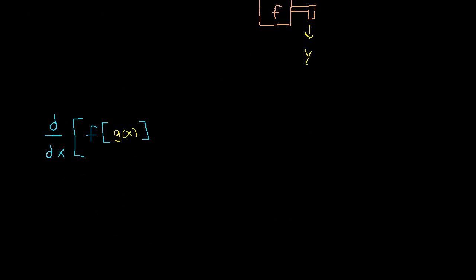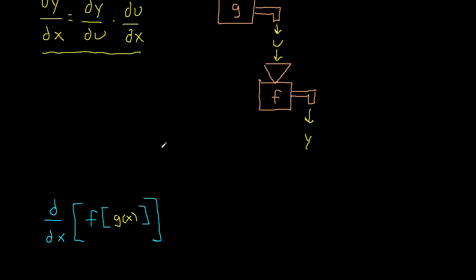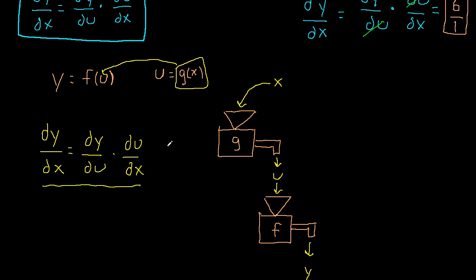Now, what does the chain rule say? The chain rule says take the derivative of the outside function, the derivative of y with respect to u.